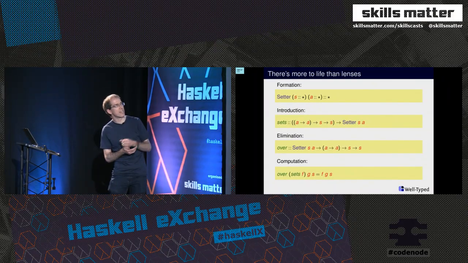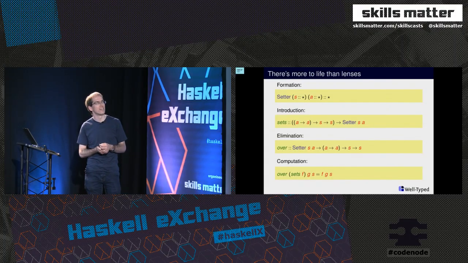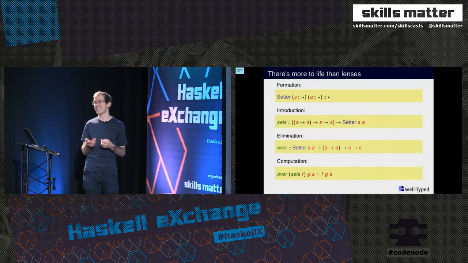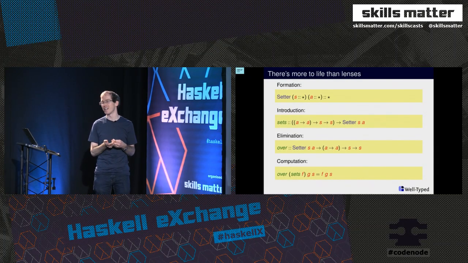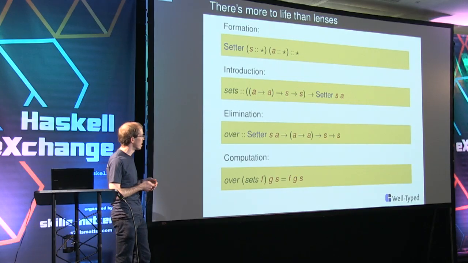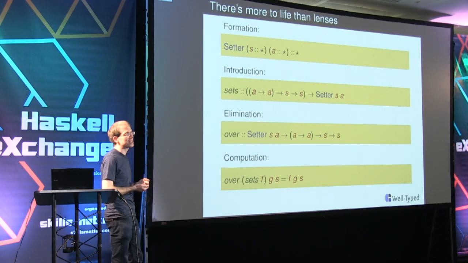So sets takes a modification function on elements A to A, and to build a setter, you need some way of lifting a modification function on elements to a modification function on structures. And similarly, there's an eliminator called over, which given a setter, gets out that operation.